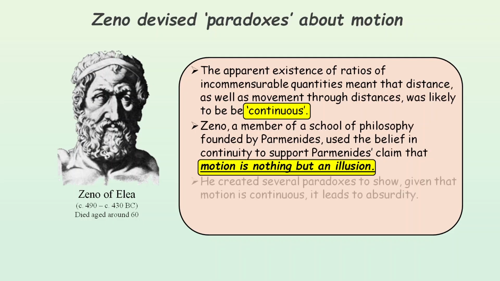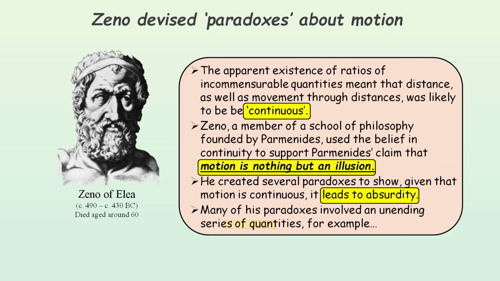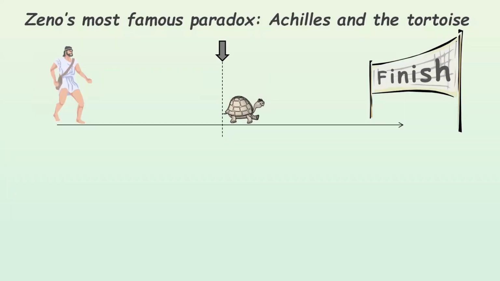So he devised several paradoxes to show that continuous motion leads to absurdity, and many of his paradoxes involved unending series. For example, his most famous paradox is a reworking of the even older fable of the hare and the tortoise. It is a race between Achilles and a tortoise, where the tortoise is given a head start.